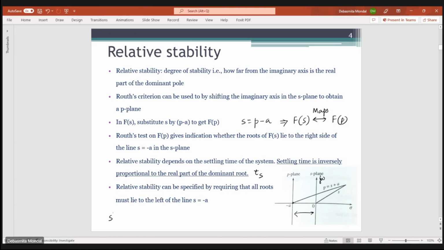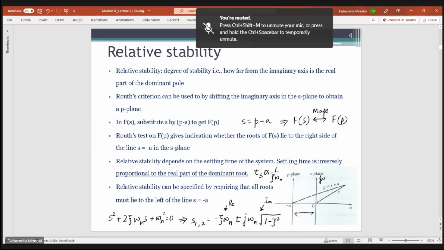So if your characteristic equation is s square plus 2 zeta omega n s plus omega n square equals 0, then the roots of this equation are given by minus zeta omega n plus minus j omega n square root of 1 minus zeta square. Okay, so this is the real part of the roots, and this is the imaginary part of the root. So the settling time is inversely proportional to zeta omega n.